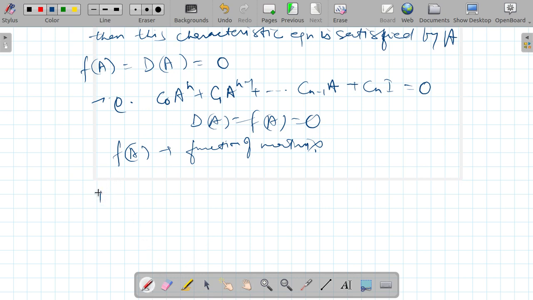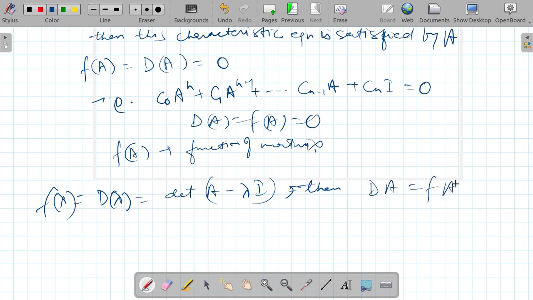So d of lambda can be written as the determinant of A minus lambda I, or f of lambda. Then d of A or f of A must be equal to 0. This we are concluding in short form.